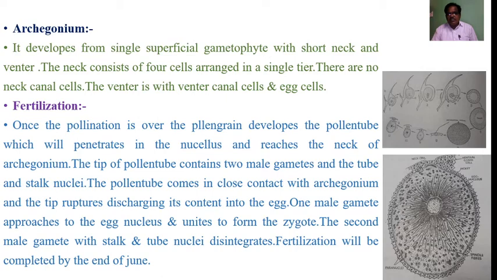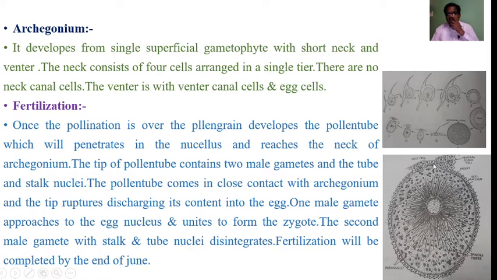That is, the tube cell has the tube nucleus, the stalk nucleus is there, and the body cell is converted into the two male gametes. The pollen tube comes in close contact with the archegonium, and the tip ruptures chemotactically and discharges its contents into the egg.